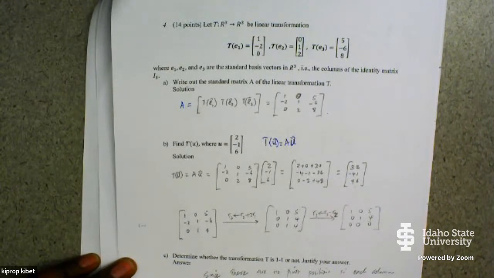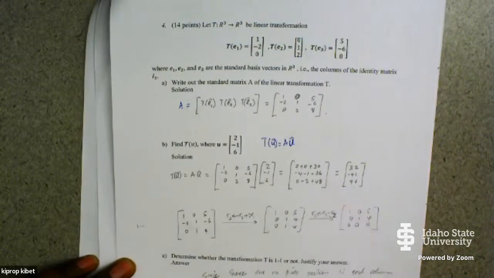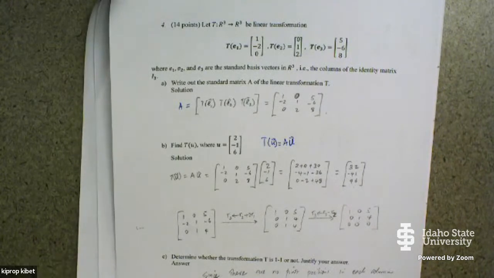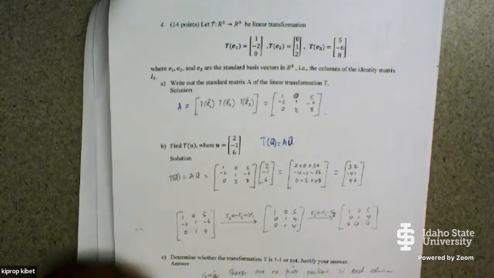If it has a pivot position in each of the rows, then it is onto. So in this case, this matrix here is neither 1-to-1 nor onto, since we don't have a pivot position in each of the rows and also in each of the columns. So make sure you remember that.